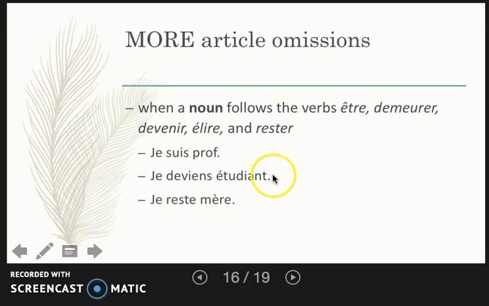So for me, I would need an e on the end because I'm a female. "Je reste mère." I'm staying a mother. So again, these are almost professions. To simplify it, just say that with professions, you don't need an article unless you're providing more detail and several adjectives to clarify.